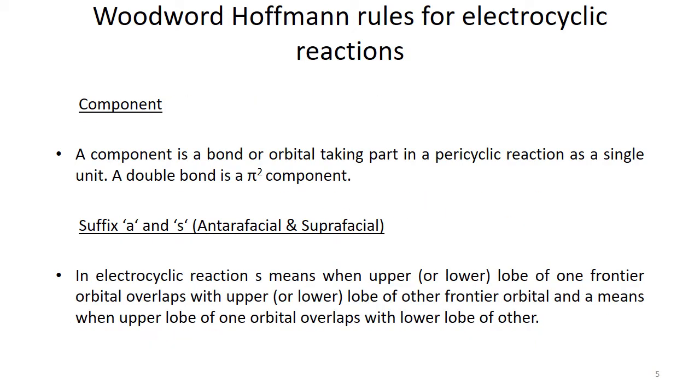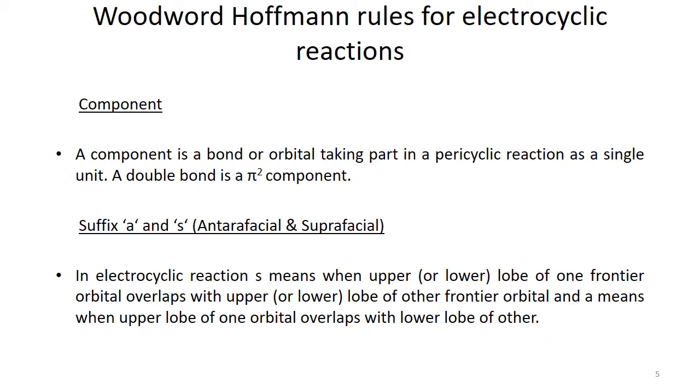Coming to the definitions of these terms, we have talked about the component. So what is a component? A component is a bond or orbital taking part in a pericyclic reaction as a single unit. Like a double bond is a pi2 component. In our previous lecture, in some schemes or reactions, there was a designation written like pi6, with d or c written in the subscript.